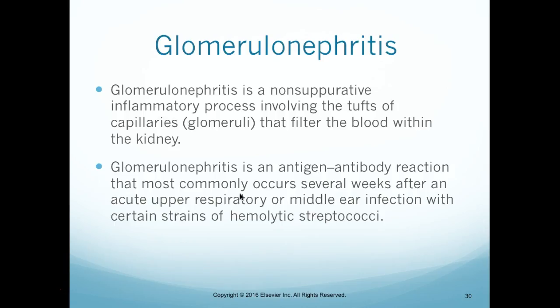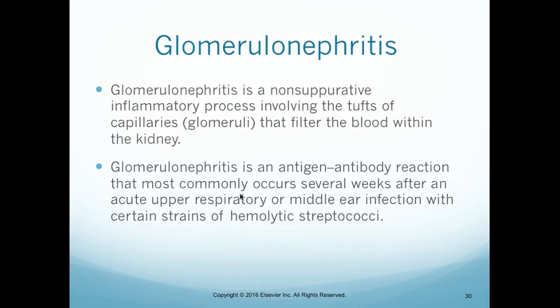So glomerulonephritis is a non-suppurative inflammatory process involving the tufts of the capillaries that filter blood within the kidney. So it's an antibody reaction that most commonly occurs several weeks after an upper respiratory or middle ear infection with certain strains of hemolytic streptococci.